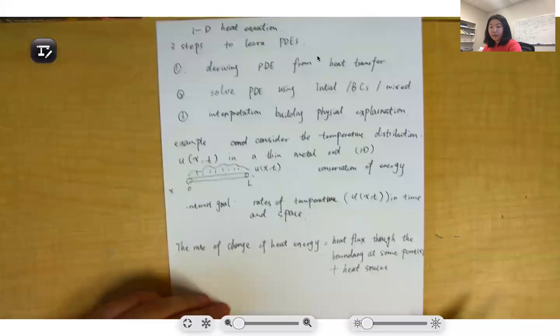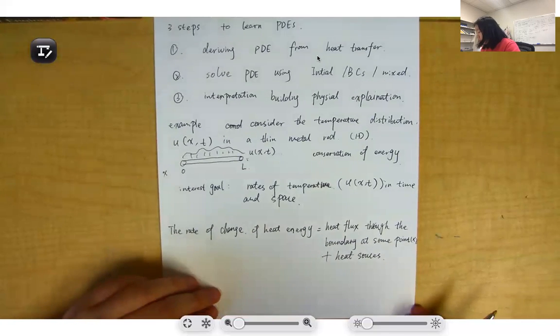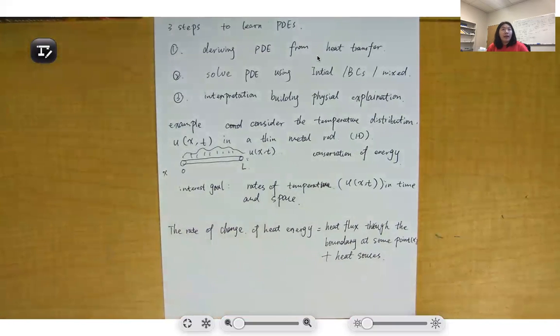This heat source, you can think about many heat sources. It can be some energies, it can even be chemical kinetics, where chemical reactions will generate heat or consume some heat energy. So that heat source can be anything.